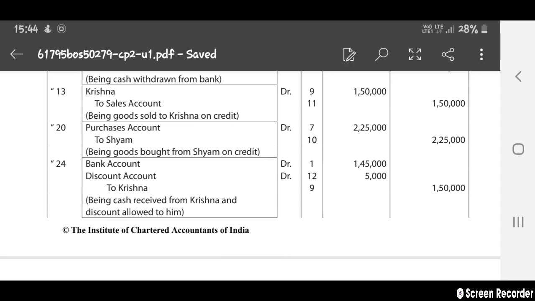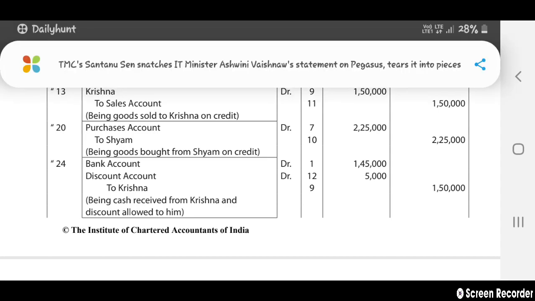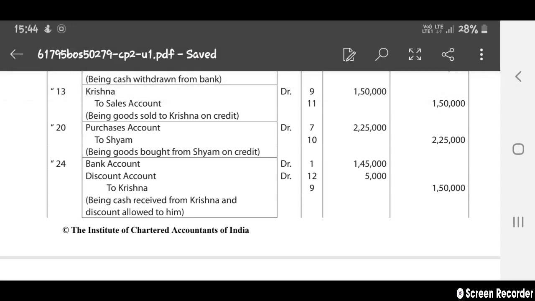So from bank account and discount account to Krishna. What we did on April 24th: we received some cash from Krishna and gave him some discount.